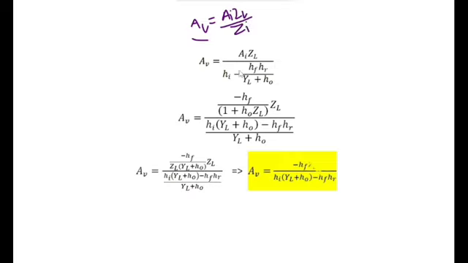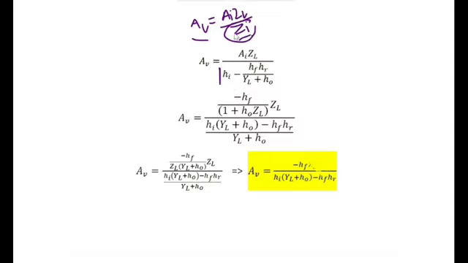Now we are replacing this ZI, the input impedance, with the actual H parameter equation of ZI, that is HI minus HF into HR by YL plus HO. This is the actual equation of ZI, the input impedance, in the H parameter form.